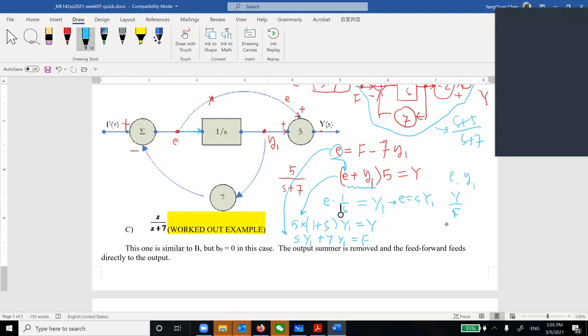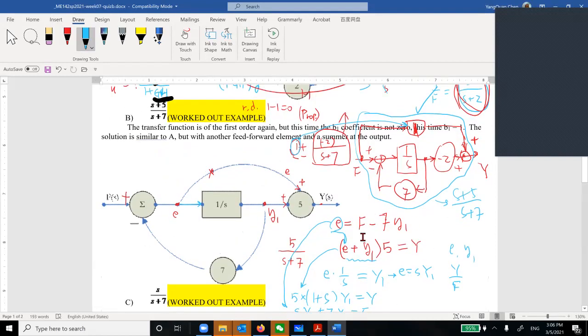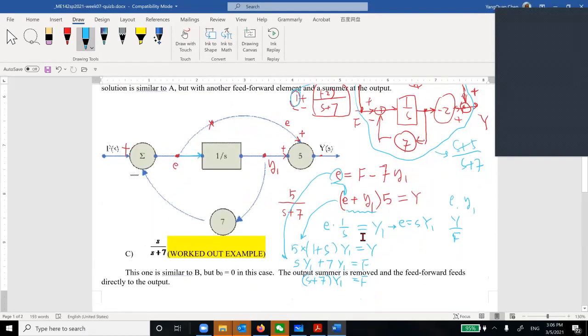This one here. So then we can write this is S plus 7 times y1 is F, okay? S plus 5.